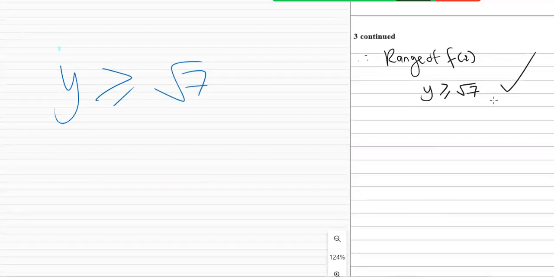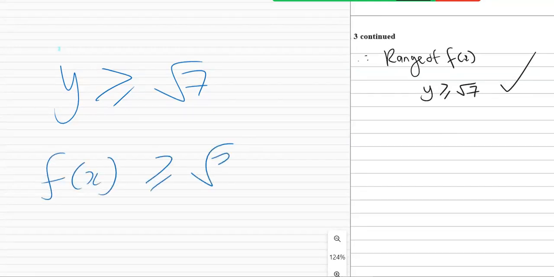And just make sure that you write your final answer as f of x. Just for P3. My 7s don't want to work today. f of x larger than or equal to root 7. I think that's the end of question 3. Got there in the end.